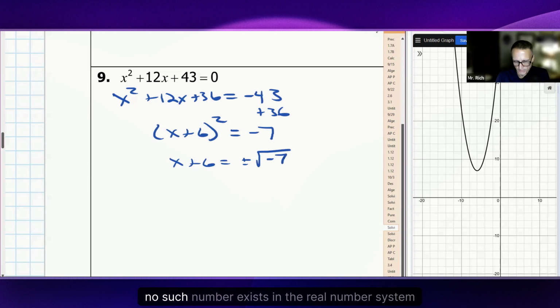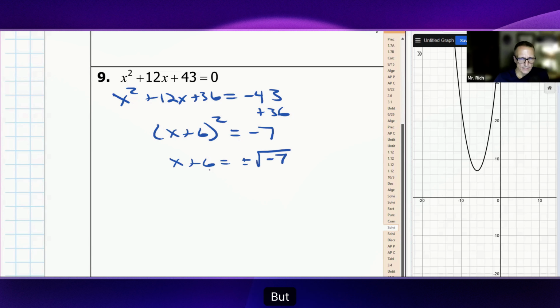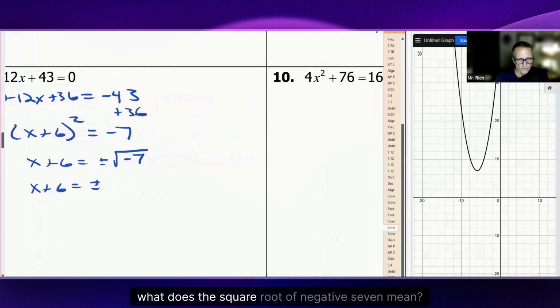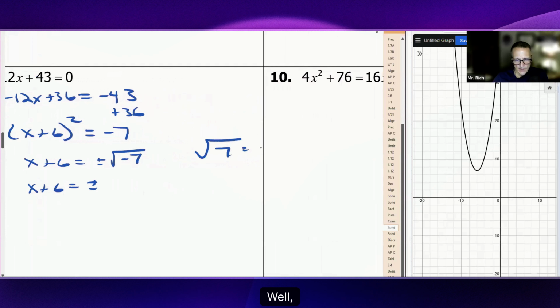No such number exists in the real number system because I can't take square roots of negative numbers. But I'm going to go off to the side here and talk about what the square root of negative 7 means. I could write negative 7 as 7 times negative 1.